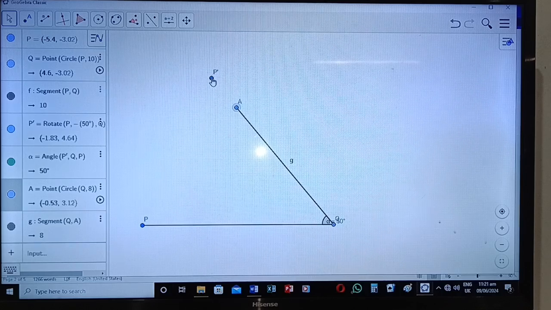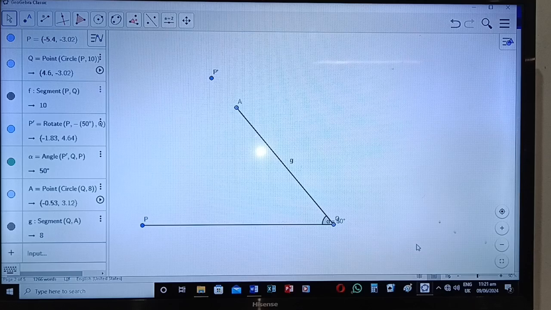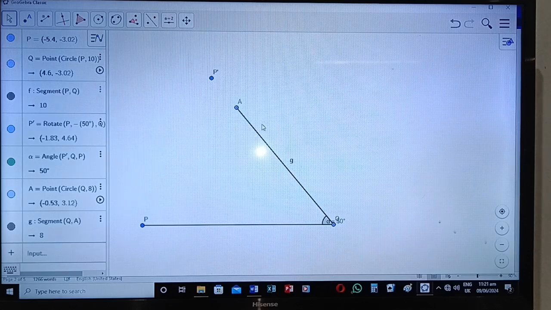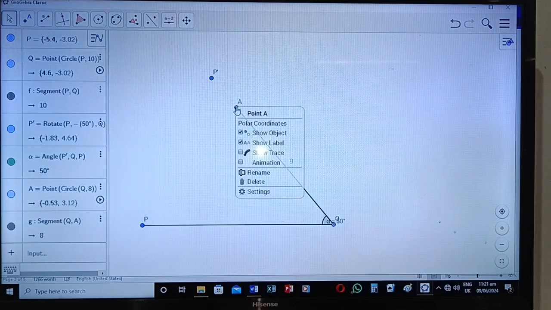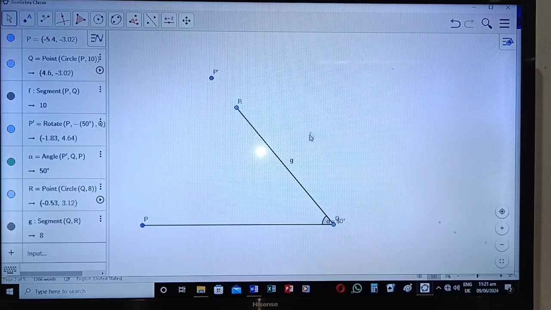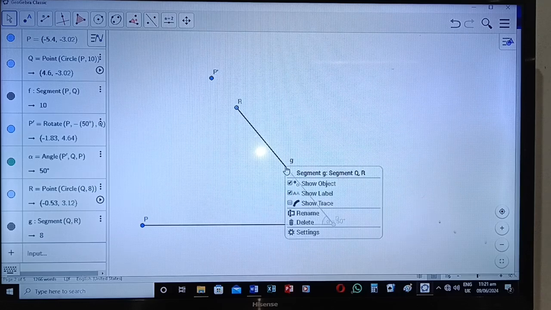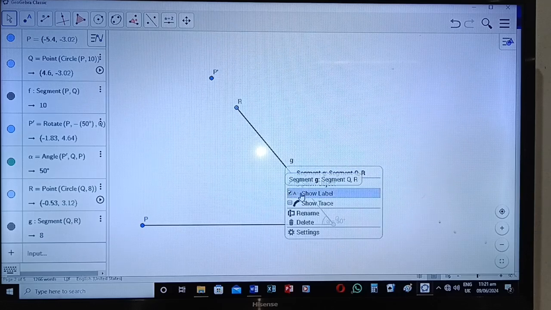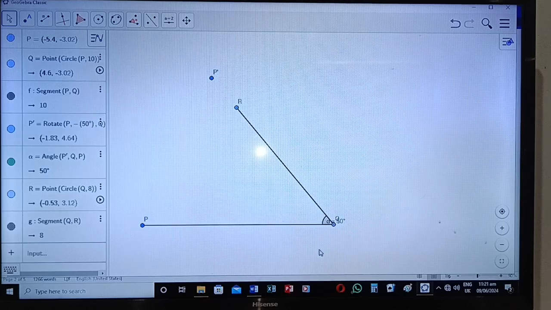Yes, so like that. This is where our R is supposed to be. So we rename that point as a capital R, and we do not need this name G, so we say show label.